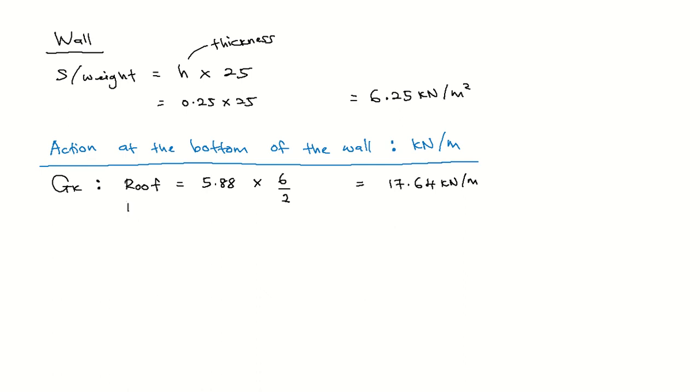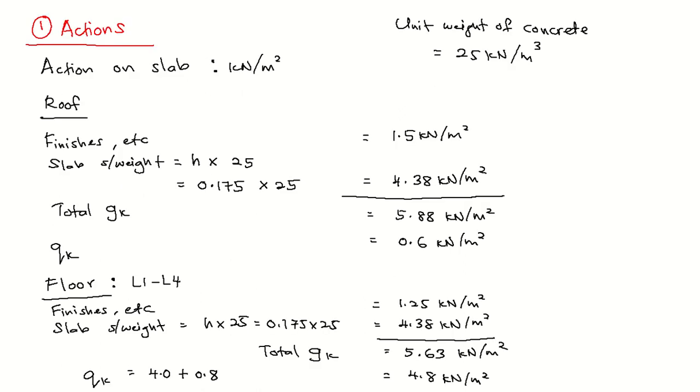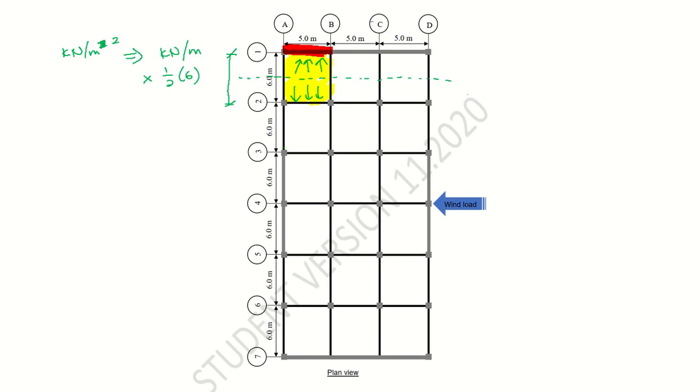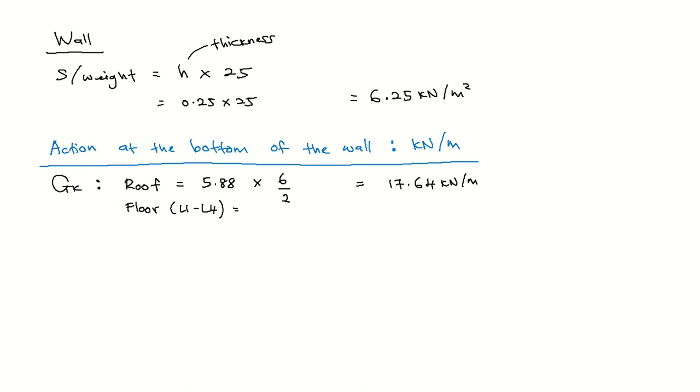Next, for the floor. Floor means from level 1 to level 4. So for the floor here, the GK is 5.63 and the same concept. For the GK, we will times with half of the 6 meter. So 5.63 times 6/2. However, you have 4 floors of slab, level 1 to level 4.